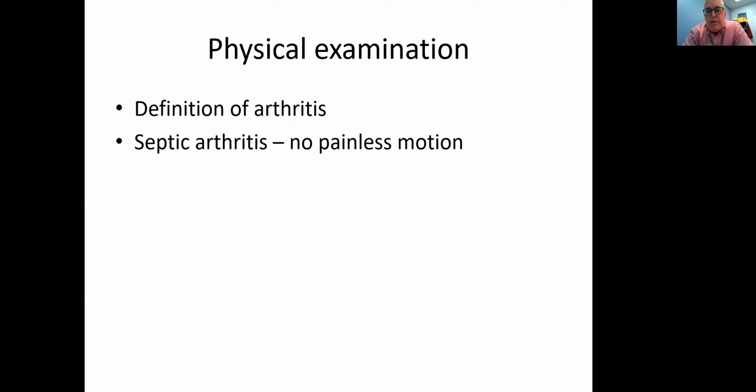We typically think about septic arthritis having no painless motion, so they hold it very rigidly, and any motion is resisted. JIA patients tend to have restricted motion, but they have an arc within which they have relatively painless motion. So at the ends of motion, they start to get pain and resistance.